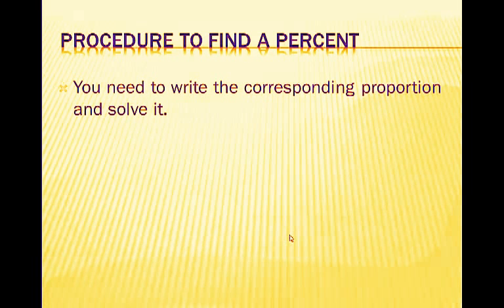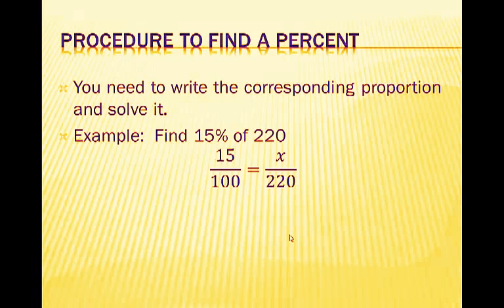The procedure to find a percent is, first of all, you need to write the corresponding proportion and solve it, like this. Find 15% of 220. First of all, the 15% goes in one side of the equation. It is 15 over 100.